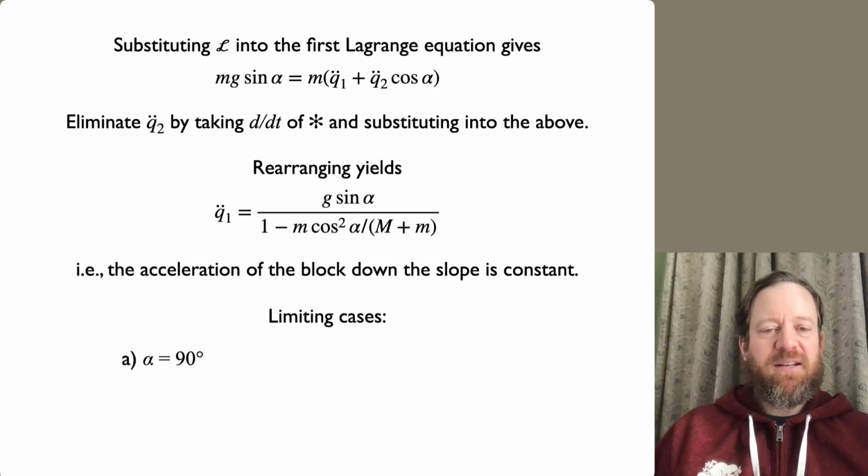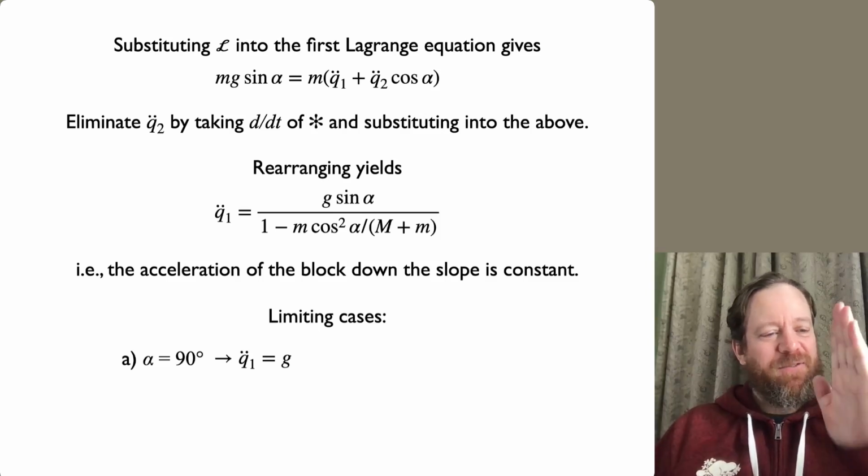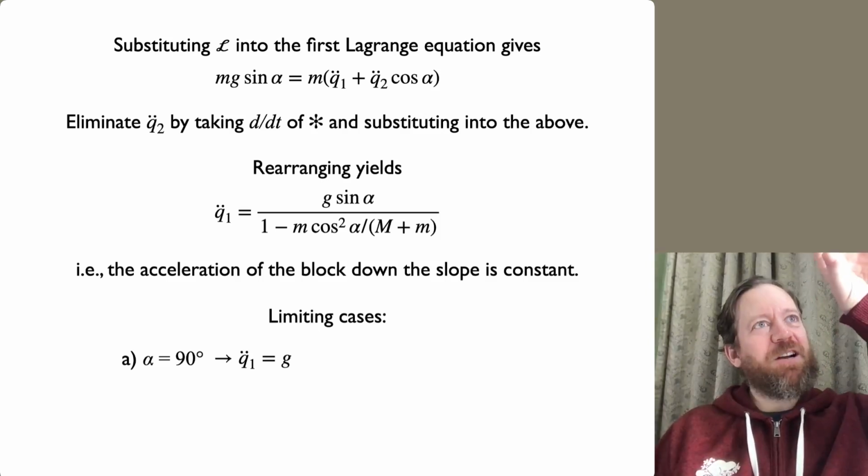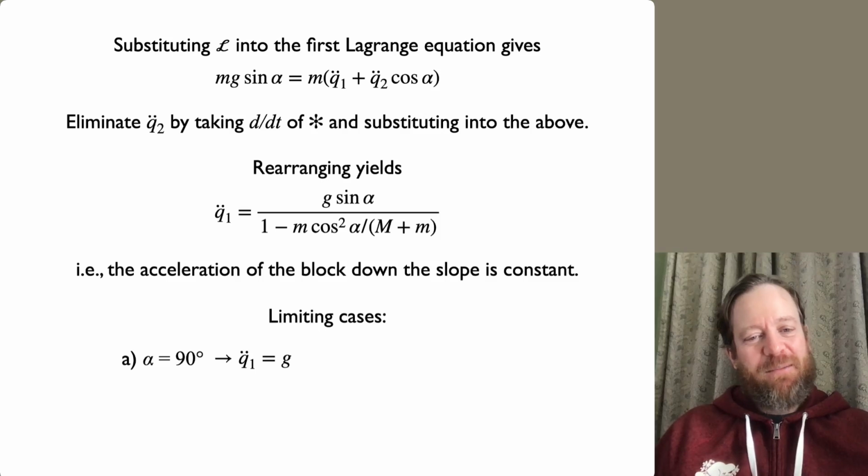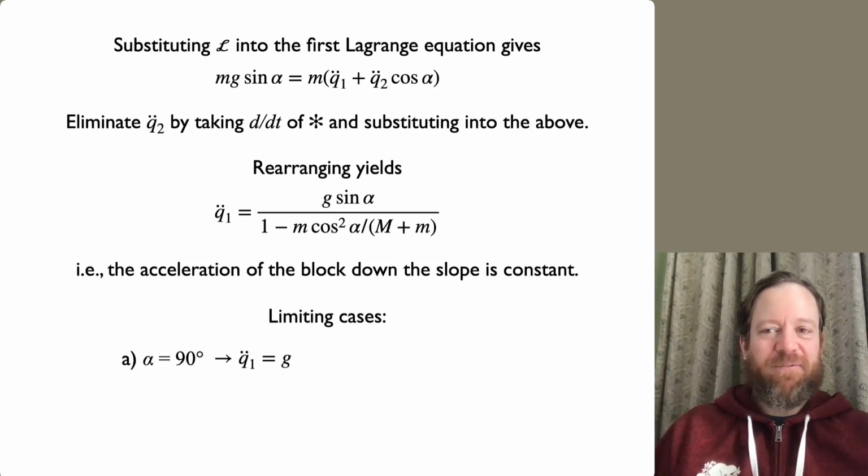So what we find is that in the limit where our wedge angle is 90 degrees, the acceleration of the block down that wedge surface is going to be the gravitational acceleration constant g. And that makes good sense. If our wedge has a nearly vertical surface for the block to slide on, of course that block is going to accelerate at the normal rate that we would expect for free fall, and that's exactly what we obtained.